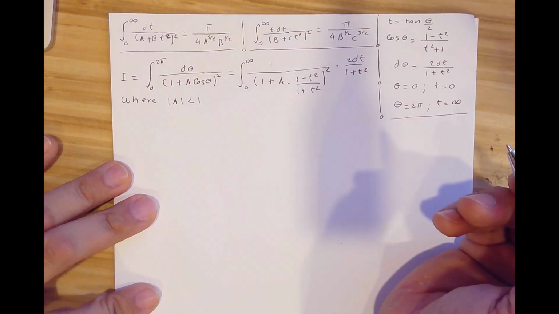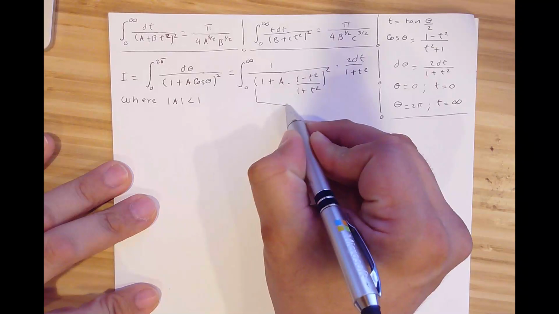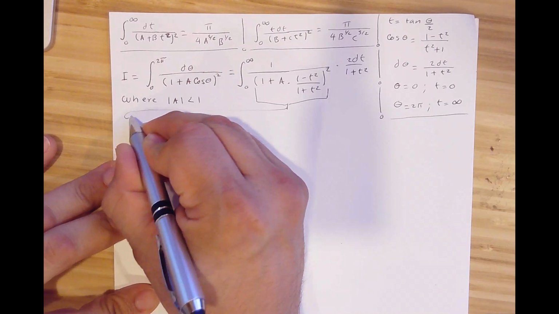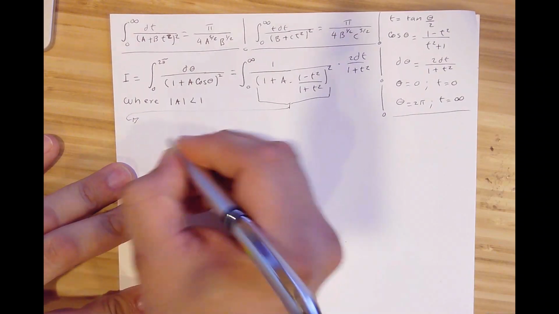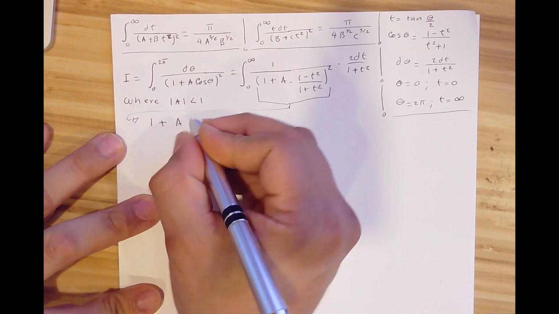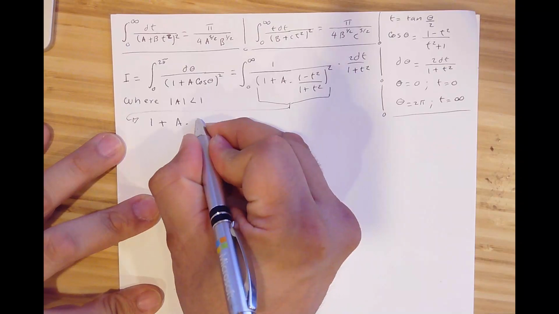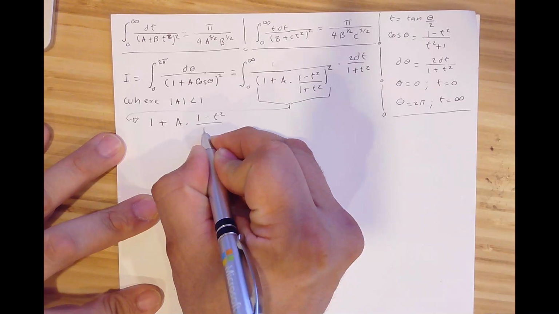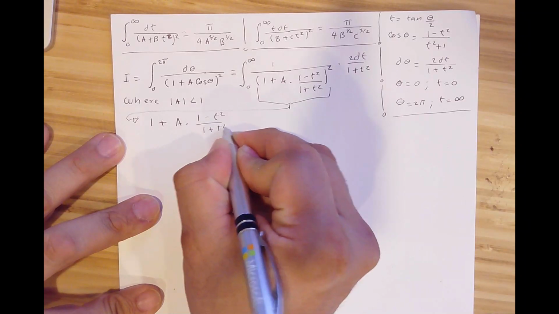So let's expand this part that we have here a little bit more. Let's do 1 plus a that multiplies 1 minus t squared over 1 plus t squared.